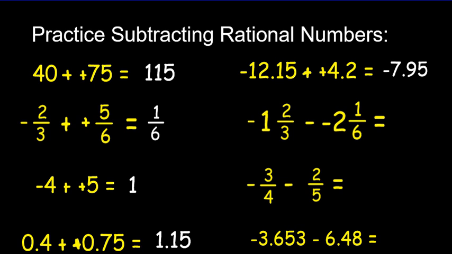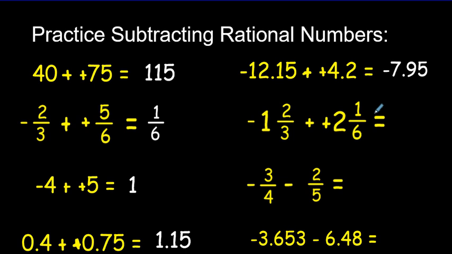Let's try the next one. Keep, change, opposite. And again, we have a similar situation, except this time, with our negative value, negative 1 and 2/3, we're actually going to move farther to the right than the starting location of this. So we are going to get into a positive value. We could also say our positive number has the greater absolute value.